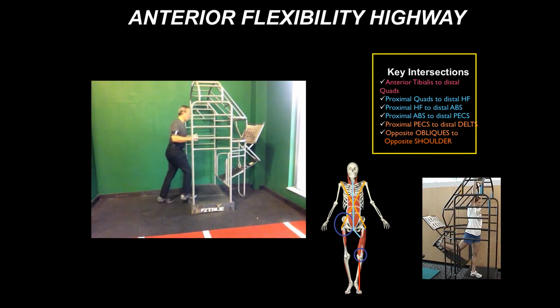We can get into something like the true stretch and get into a position like this to allow dorsiflexion to extend the hip, or you can take it up into a more advanced, higher level by getting more hip extension and reaching up. But it is critical that we get extension moments, because the majority of programs in the fitness and the rehabilitation industry promote flexion and not enough extension.